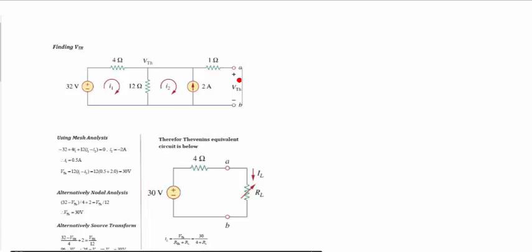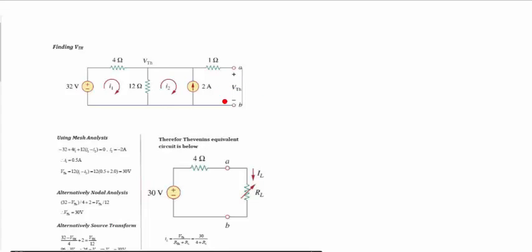So in this case, this is where our basic understanding comes in. VTH at this terminal is the same, in parallel, as the voltage across this branch.